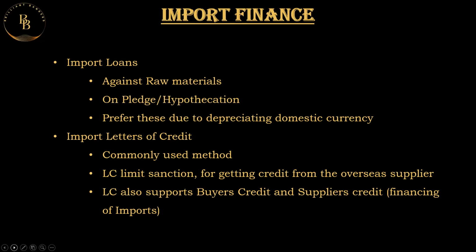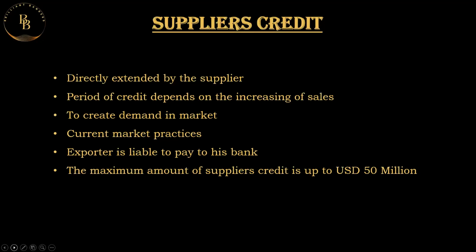We have already seen how an LC works in the previous videos, and LC also supports buyer's credit and supplier's credit, which we have not seen yet and are going to see now in the next slide. So, what is supplier's credit? Supplier's credit is a credit that is directly extended by the overseas supplier of goods to the importer.